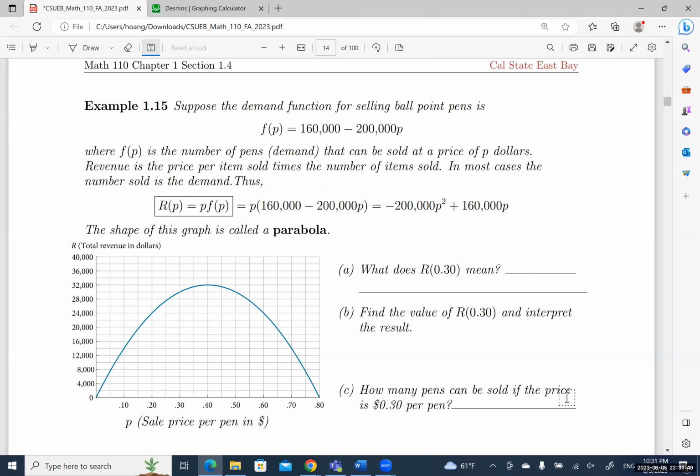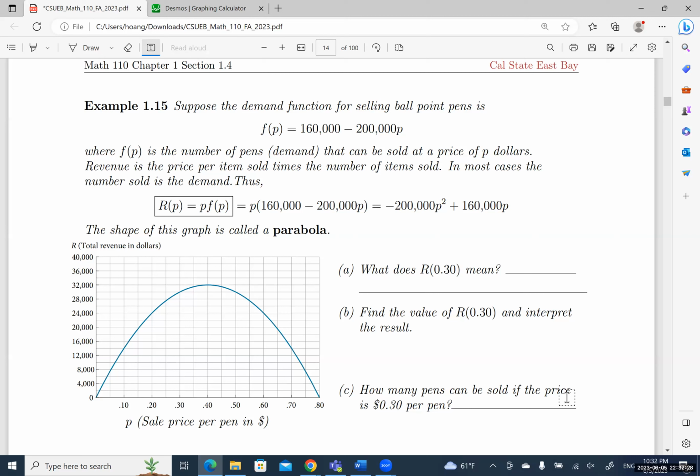For the next one, suppose we have a demand function for selling pens, F of P equal to 160,000 minus 200,000 P, where F(P) is the number of pens, which is the demand, that can be sold at the price of P dollars, and the revenue is the price per item sold times the number of items sold.